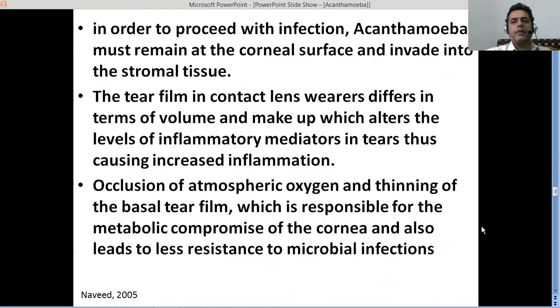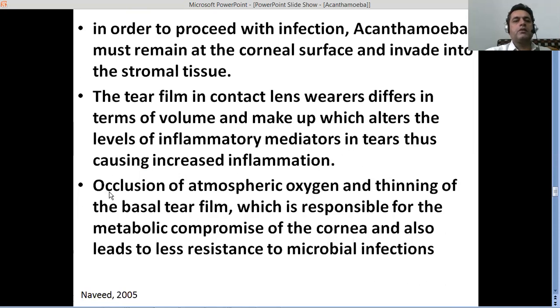So in order to proceed with infection, Acanthamoeba must remain at the corneal surface and invade into the stromal tissue. And the tear film in contact lens wearers differs in terms of volume and makeup, which alters the levels of inflammatory mediators in tears, thus causing increased inflammation.